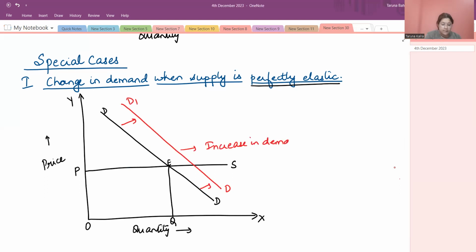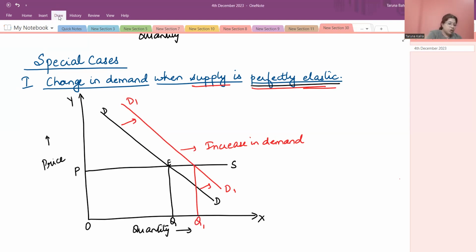In case the demand increases, the demand curve will shift rightward to D1, D1. Now what will happen? See, since your supply is perfectly elastic, it is always going to be parallel to the x-axis, so your equilibrium price remains the same and equilibrium quantity will increase to OQ1.